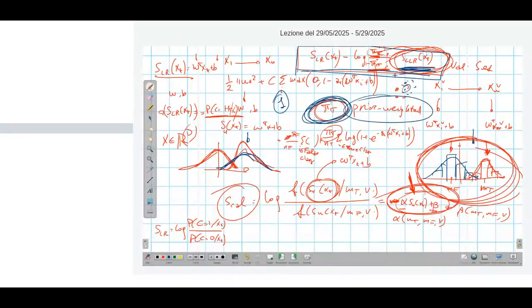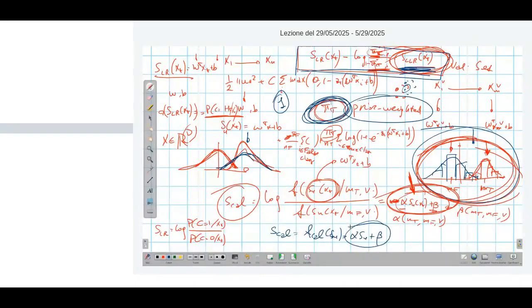So how can we use this to solve our problem? Our original problem was that we want to compute a calibration transformation. Now we fix it to be linear, and we want this to be a well-calibrated log-likelihood ratio.